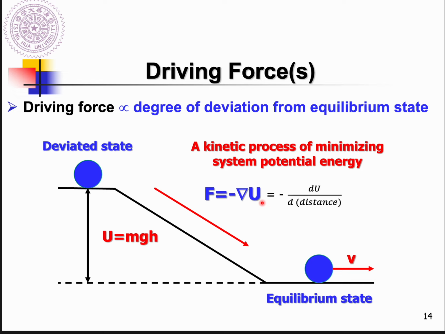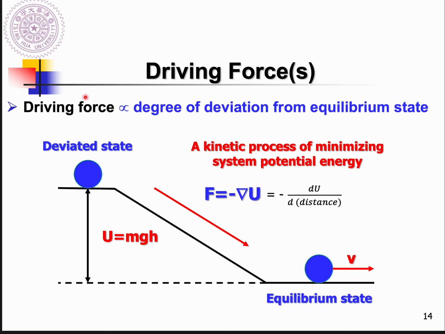So based on this, the driving force is related to the potential energy in this case, right? If I move this blue ball to a higher platform, then the driving force will be larger. So the driving force is proportional to the degree of deviation from the equilibrium state.